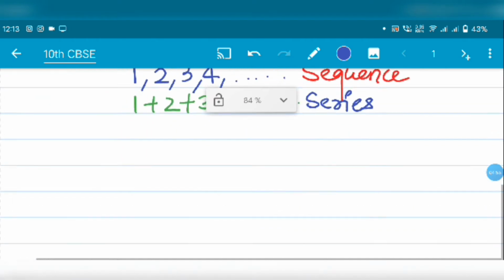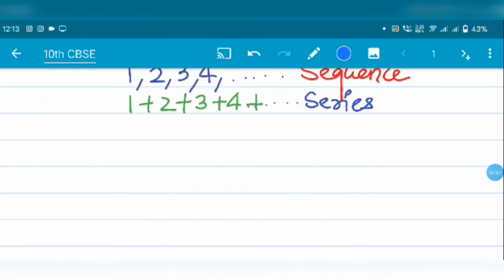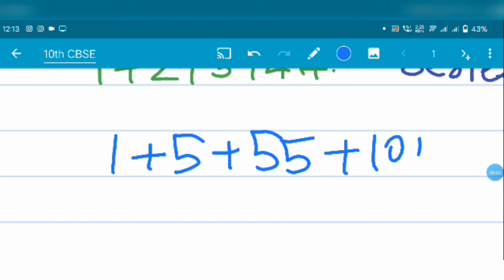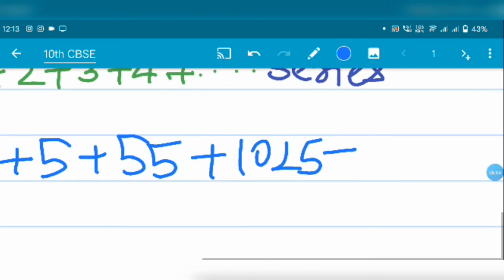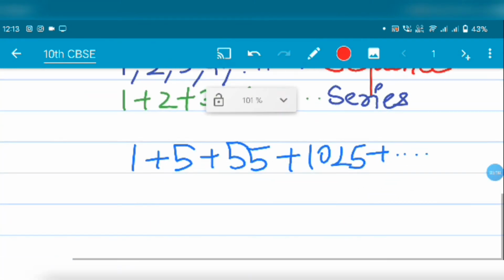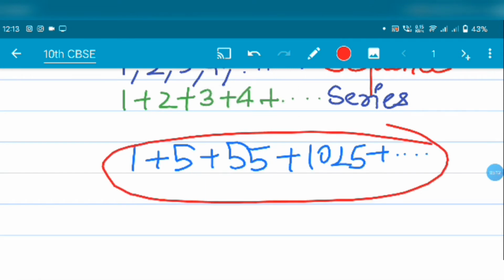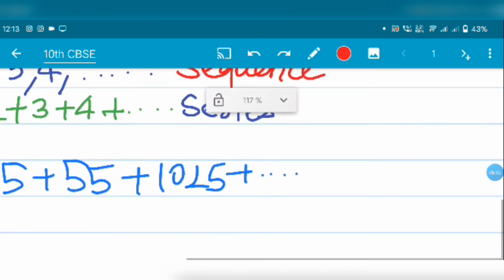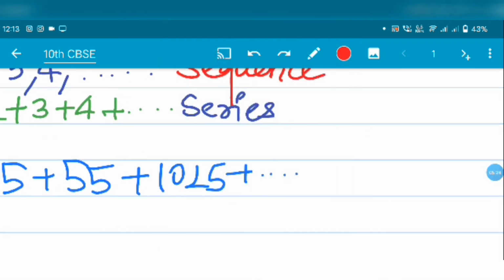Now let's say I'm writing 1 plus 5 plus 55 plus 1025 and so on. No doubt, as I have written this, this is a series. Why? Because we have written the plus sign, in addition form, right? But we cannot call this a progression.